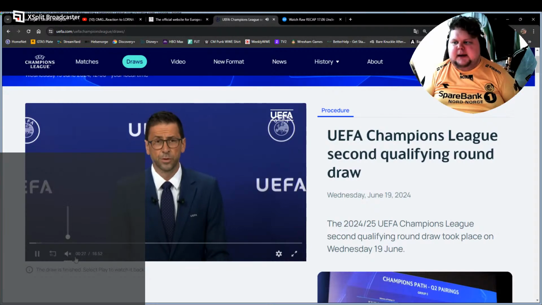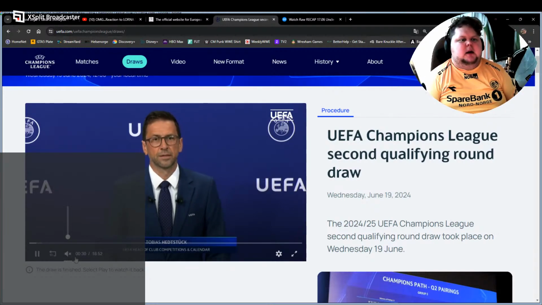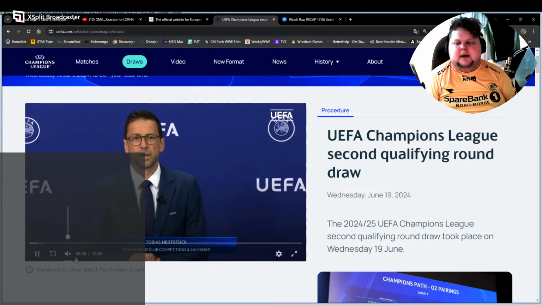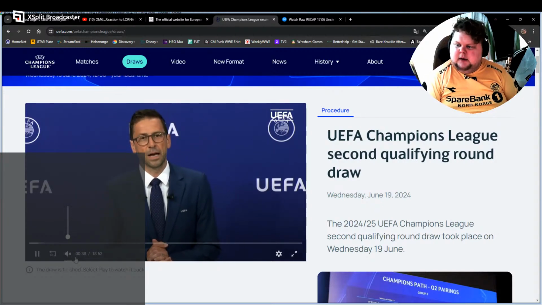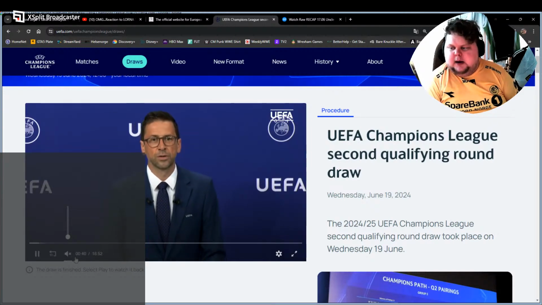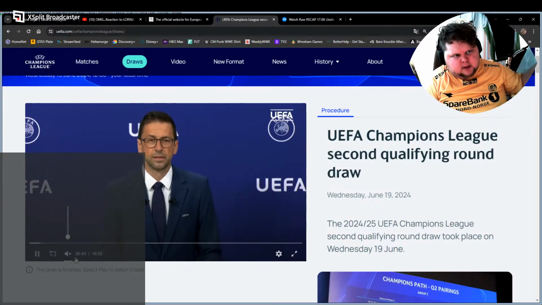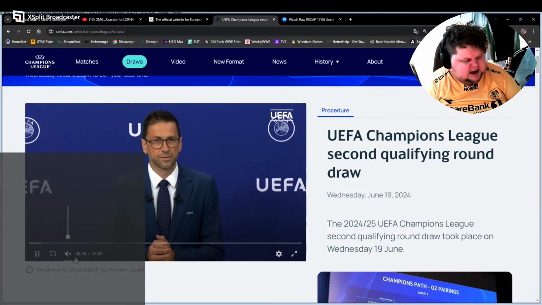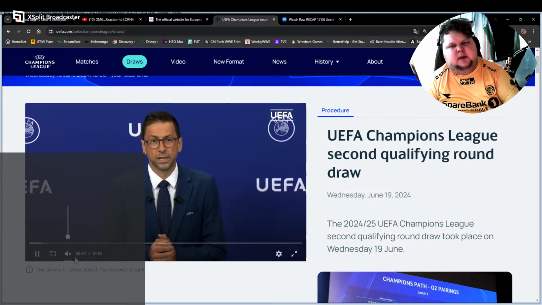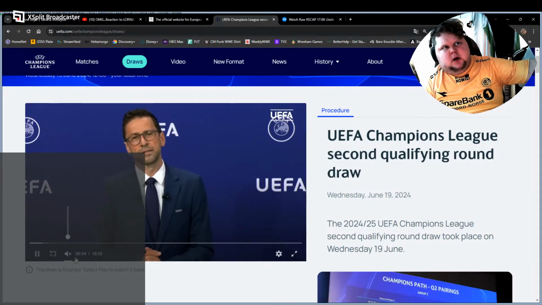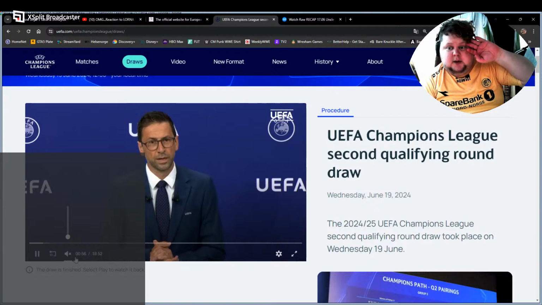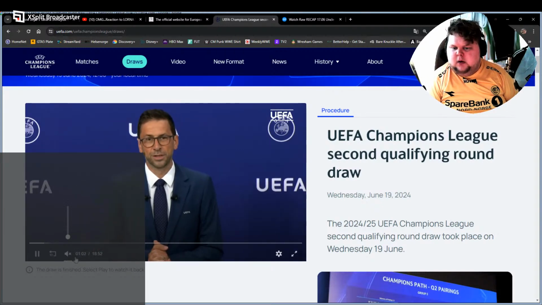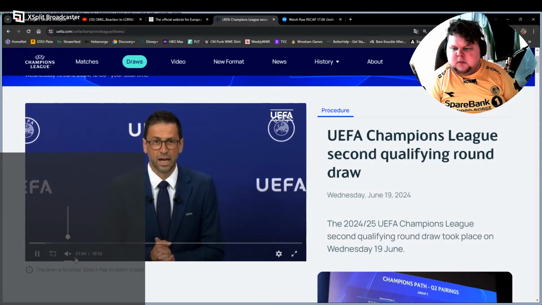Something that I really enjoy is that Bodø Glimt has become so good over the years. They won the Norwegian league last season, back in November, December. That's when they last won the domestic title.